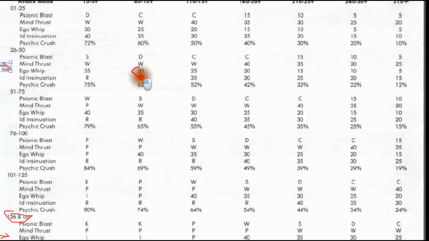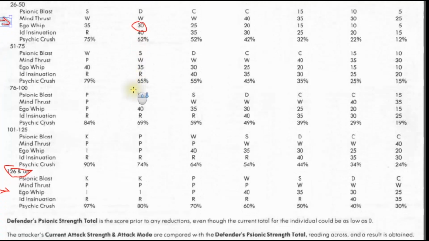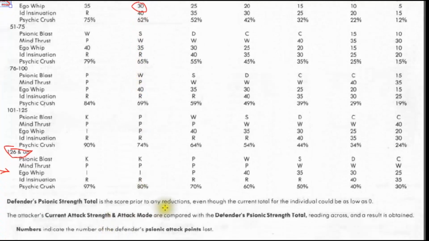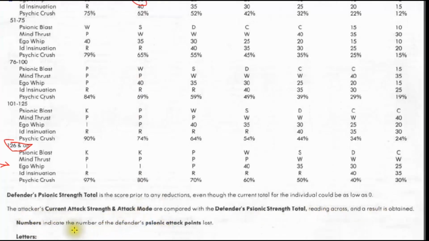So that gives me a 30. And if you look down here, the numbers indicate the number of the defender's psionic attack points lost, right? So first he was losing his defense points, and now he's losing his attack points.